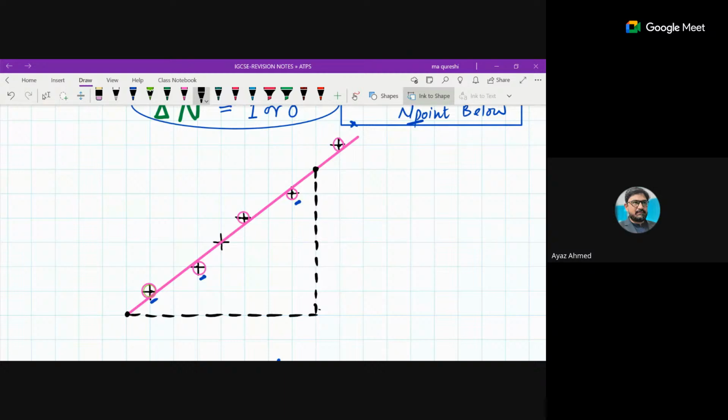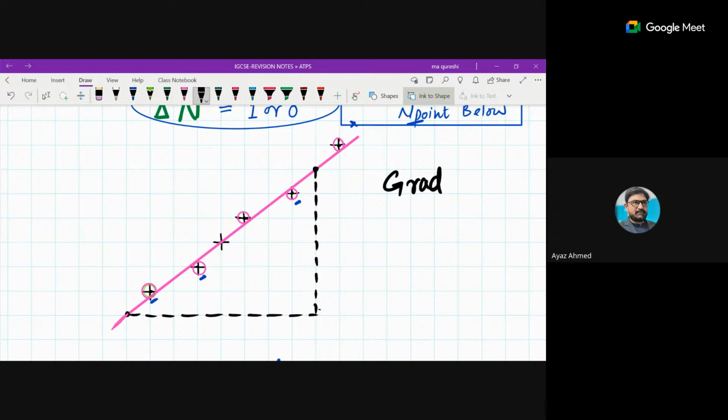So show the triangle. It's not a big deal. Show the triangle, right? When you are showing the triangle, actually, what are you doing? Then you are going to write the coordinates here. This is another more appropriate method. So I'm talking about the gradient here.